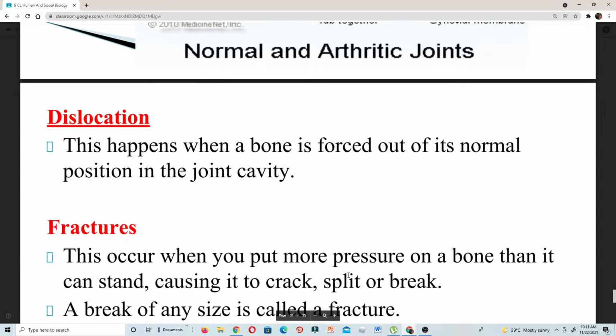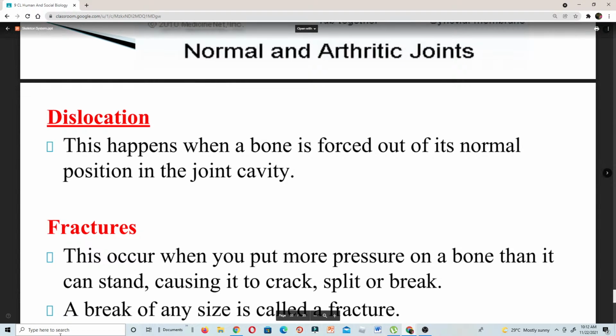Well, if you don't do it properly, it will be more painful. It doesn't necessarily mean that because it's the doctor, it is less painful, but if you don't know how to do it, then definitely it will be more painful. So the correct term is dislocation, and it can be as a result of making a bad step, or as I said, you fall and drop on the shoulder.